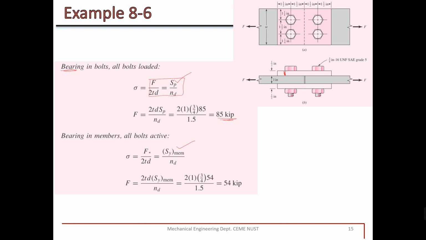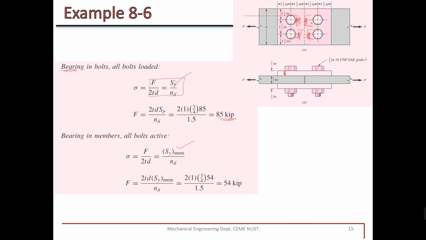Similarly, for members, the equation is the same, because the bearing area is this for members. This is the bearing area, and similarly this is the bearing area and this is the bearing area.